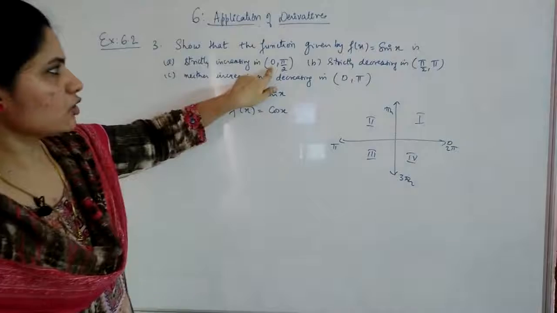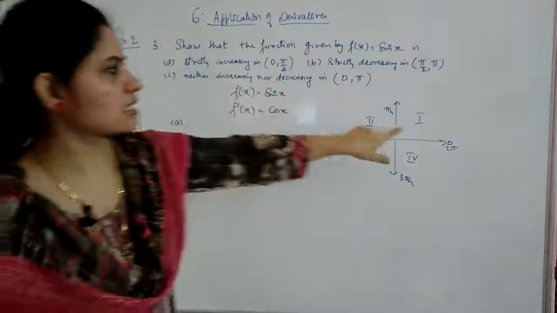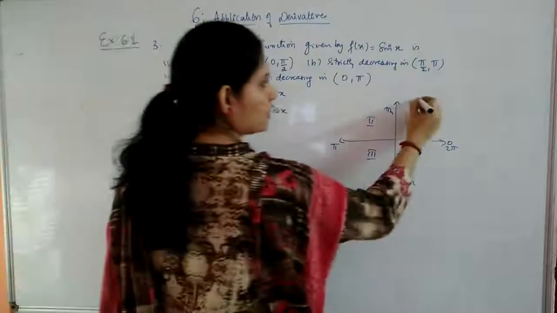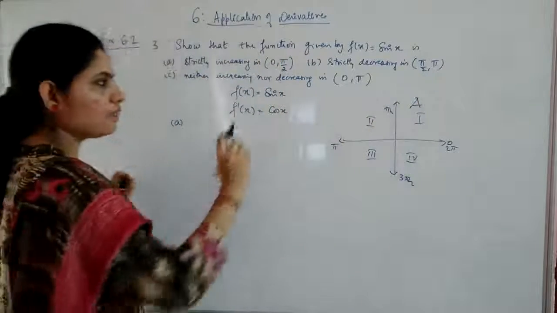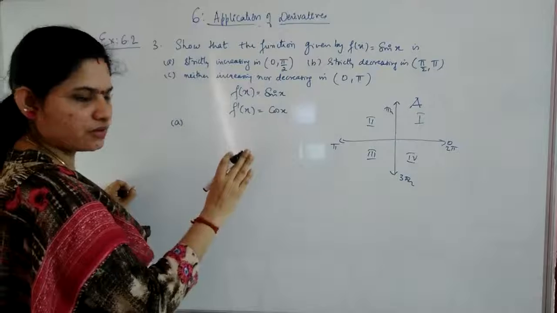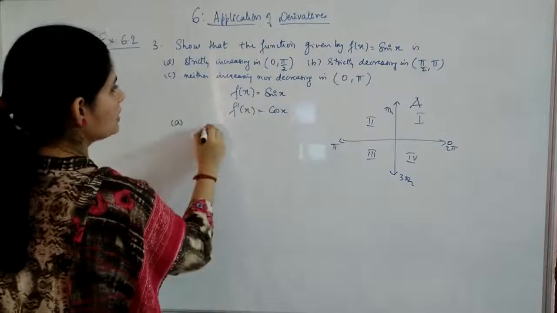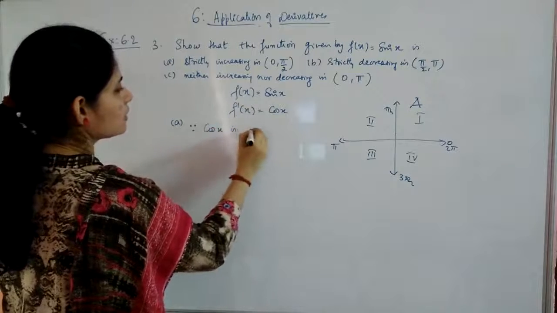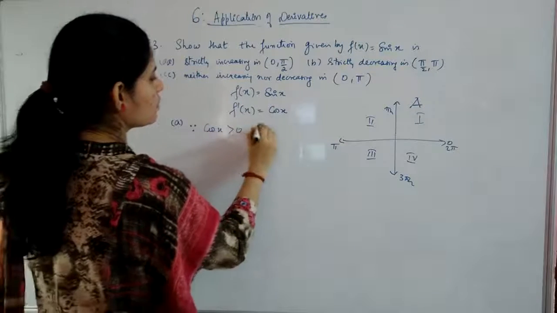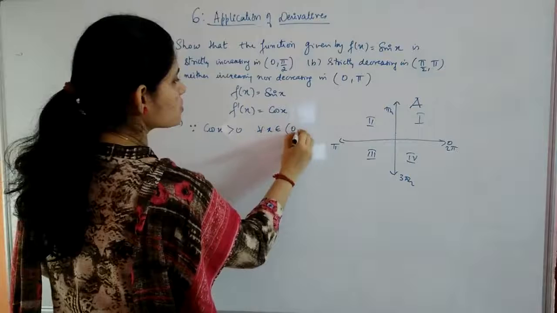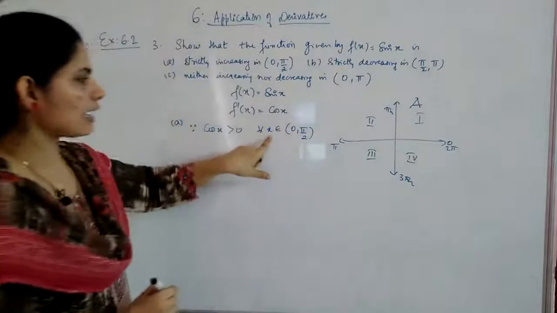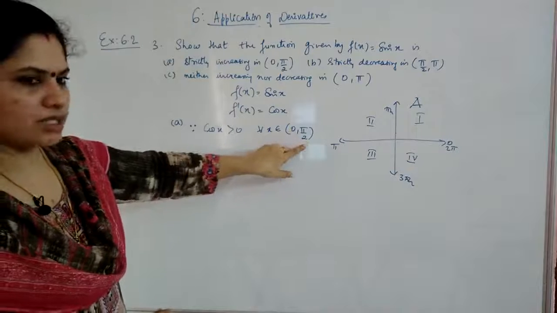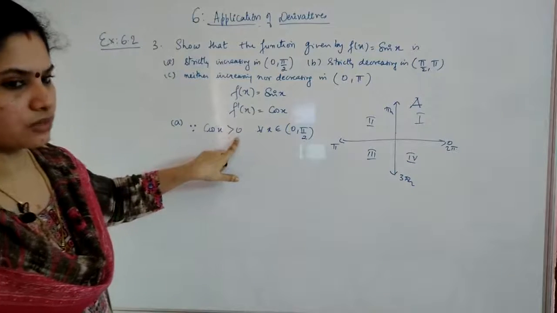Now when they say the open interval 0 to pi by 2, that means we are in the first quadrant. In the first quadrant every trigonometric function is positive. So you can say that cos x is greater than 0 for all x belongs to 0 to pi by 2. For any angle you take between 0 and pi by 2, you will get only a positive quantity.